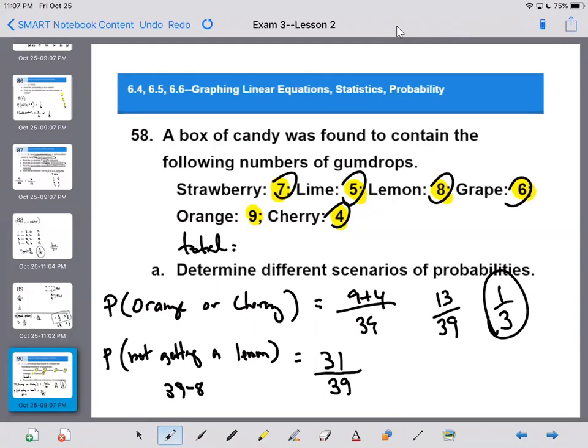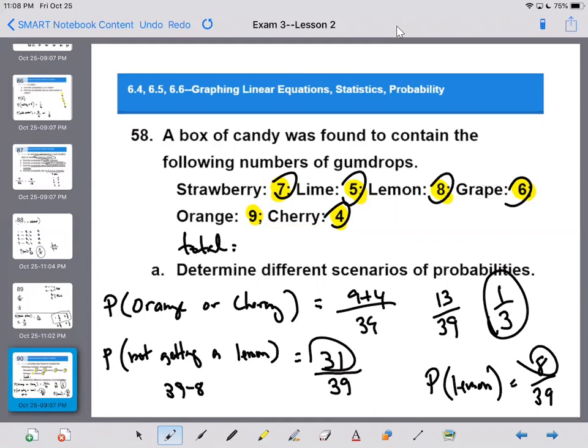If we want to get a lemon, then we know that we've got an 8 out of 39 chance. So if you'll notice the 31 plus the 8 both add to 39. It also is called complements, okay? So the probability of not getting a lemon is 31, the probability of getting a lemon is 8. Those two have to add together to give you the total.